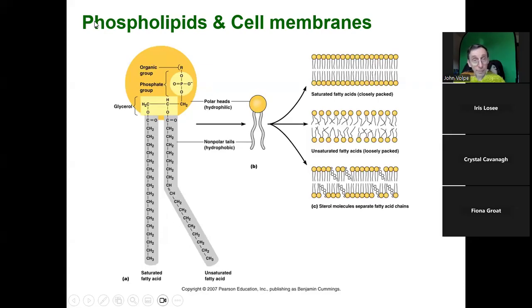That makes phospholipids an unusual molecule because one portion of it is polar, the other portion is nonpolar, and this molecule can dissolve in water from the polar head, and it can dissolve in lipids like oil from the fatty acid portion. That makes this molecule biphasic, and there aren't too many molecules which are biphasic.